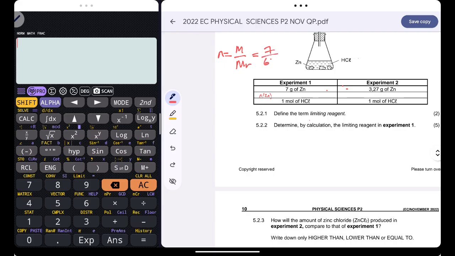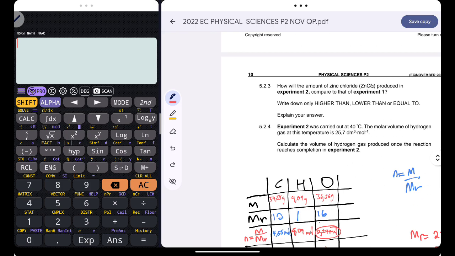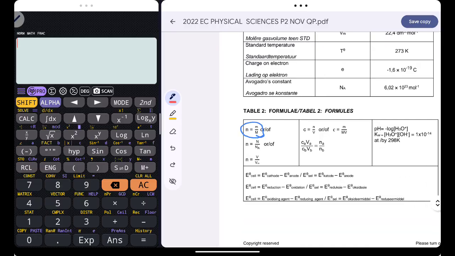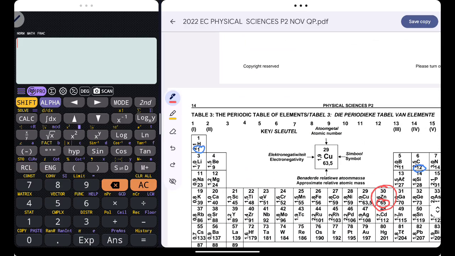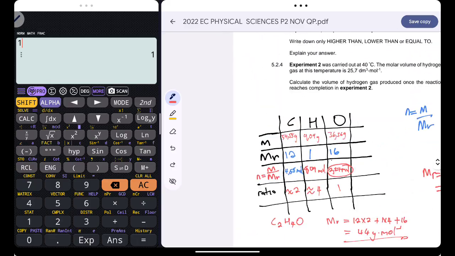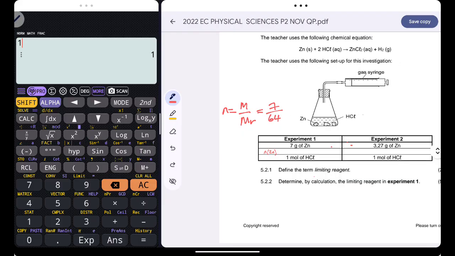So I'll simply get 7 over 64. Is it 64 or 54? Let me go check. I'm concentrating. It's 65 actually. Okay, it's 65. So I'll simply say 6 divide, no. It's 6 divided by 65.